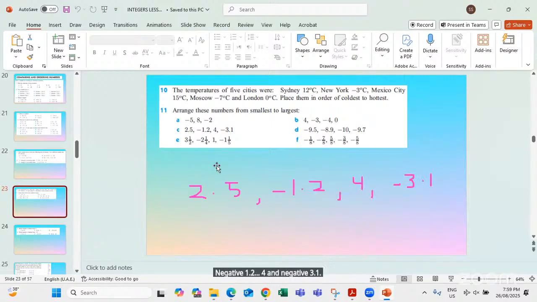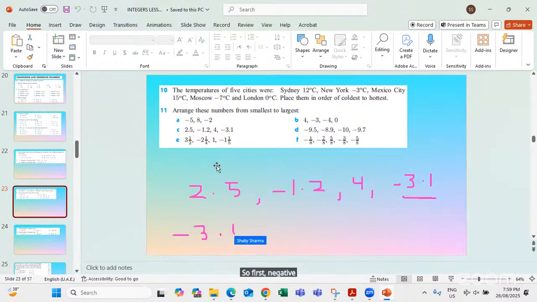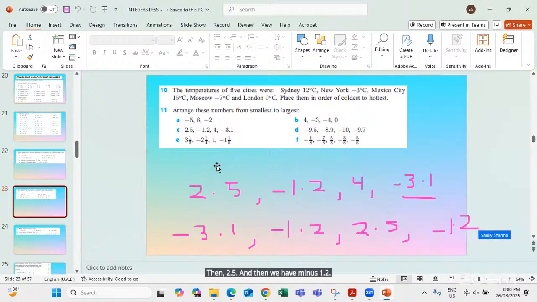So which one is the smallest number here? First, I will pick the negatives and I can see negative 3.1 is farthest from 0. So first negative 3.1, then negative 1.2, then 2.5, and then 4. So this is a way to arrange the numbers.